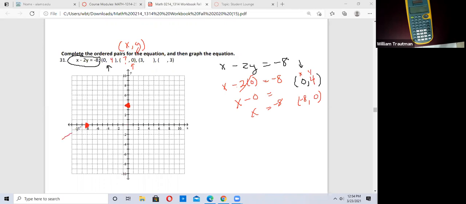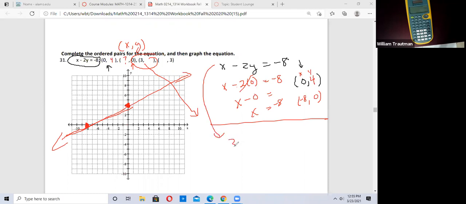And by the way, this is an equation for a line. So if these line up, there's our equation. I'm going to do one more to show you that all these dots should line up no matter what we use. X is 3. So here's the equation. I'm going to put a 3 in the x. 3 minus 2y equals -8. Get the 3 to the other side by subtracting 3. -2y equals -8 minus 3, which is -11. Divide by -2.